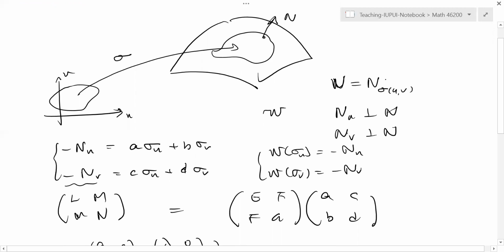So actually this matrix A, B, C, D is going to be the matrix of the Weingarten map with respect to the basis sigma u, sigma v.